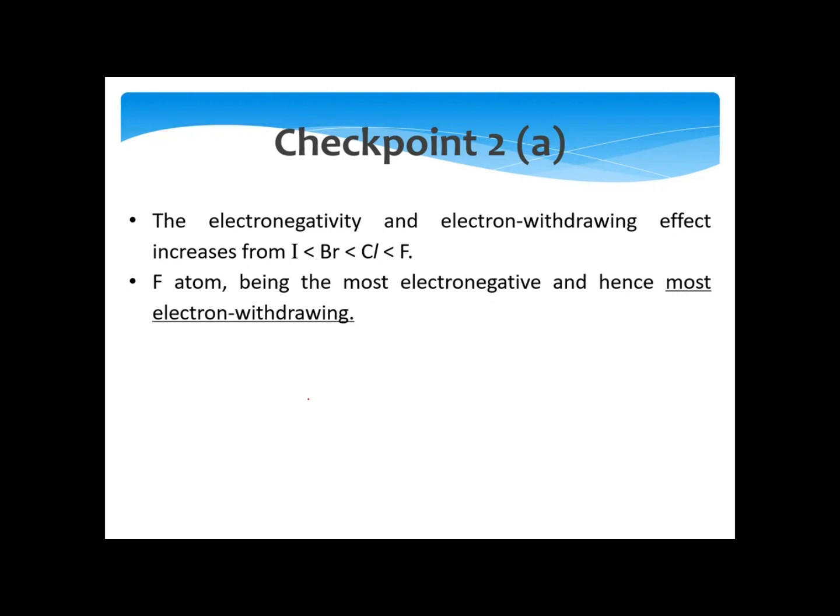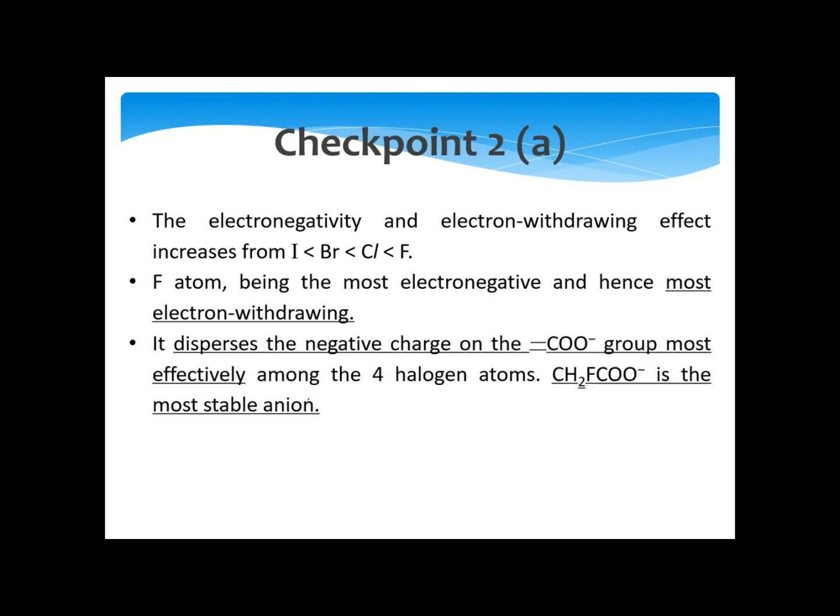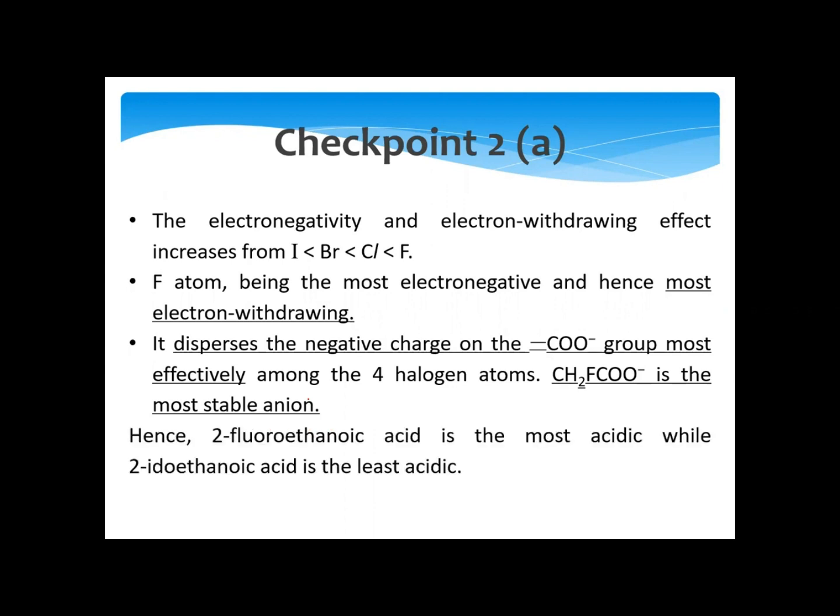Then F, being the most electronegative, is the most electron withdrawing. Therefore, it will disperse the negative charge on the COO minus group most effectively. That's the word we use: disperse the negative charge on the COO minus group most effectively. Then we conclude the stability of the anion before we say that 2-fluoroethanoic acid is the most acidic.